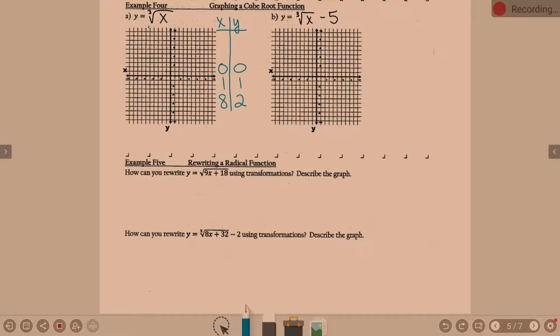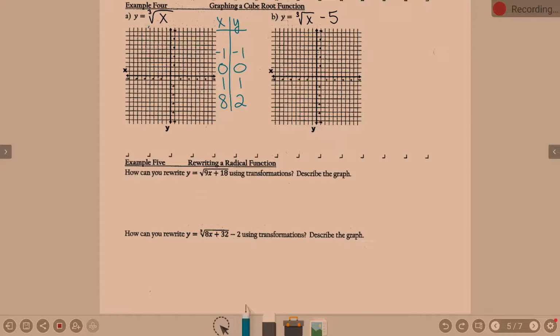Can you take the cube root of a negative? Yes. So you need to use negatives, otherwise you're going to be missing half your graph. So, if we go the other way from 0, what's the cube root of negative 1? Negative 1. Because negative 1 times negative 1 times negative 1 is negative 1.